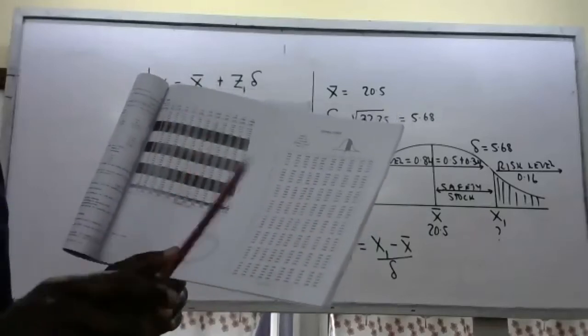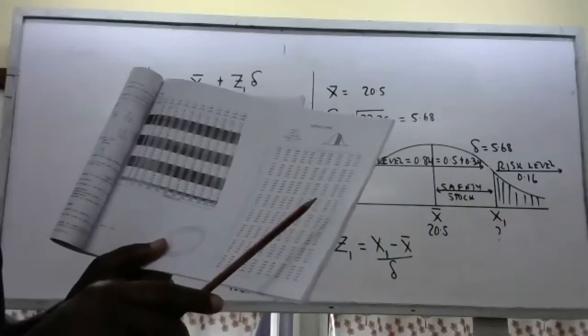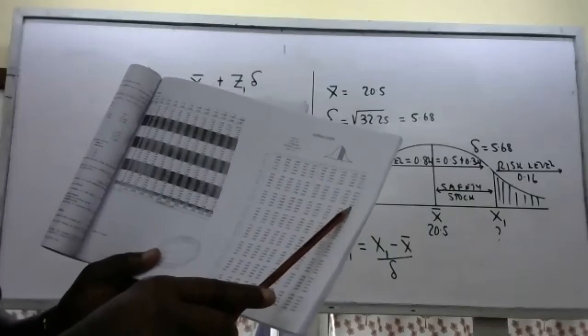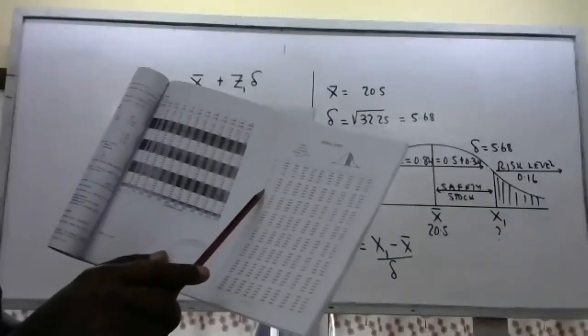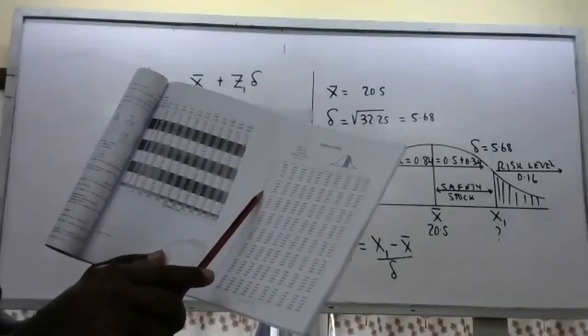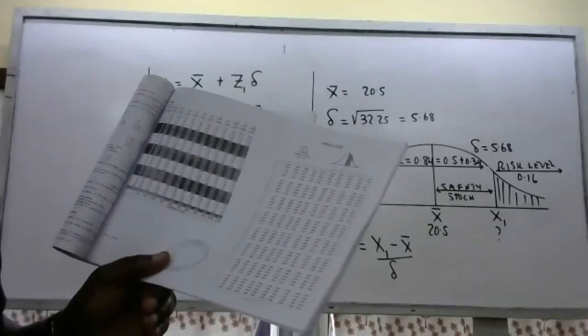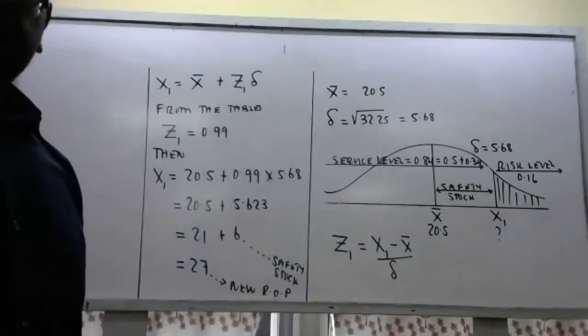You may not find it exactly, but you pick the approximate. So those who gave me 99 picked this one, that is 0.3389. Then once you get it here, you trace it in the row. The row is 0.9 and the column is 9. So that is how we got 0.99.